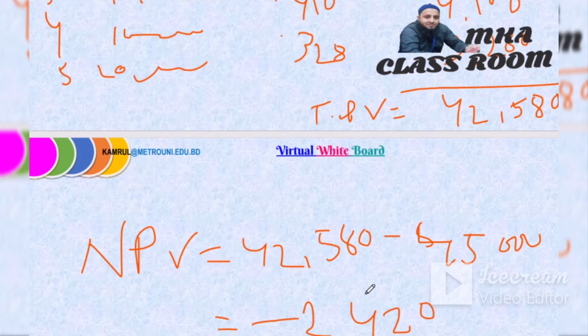So we get our positive NPV and negative NPV. Our positive NPV is 10,924 and our negative NPV is minus 2,420. So we are getting our desired positive and negative NPV.